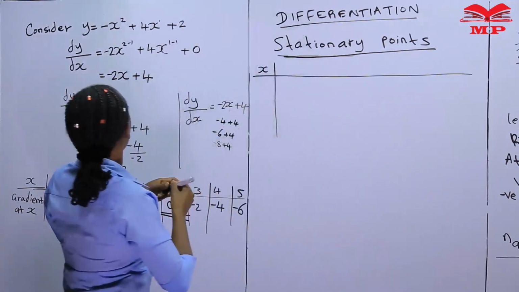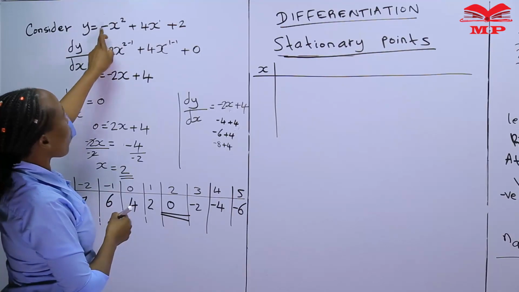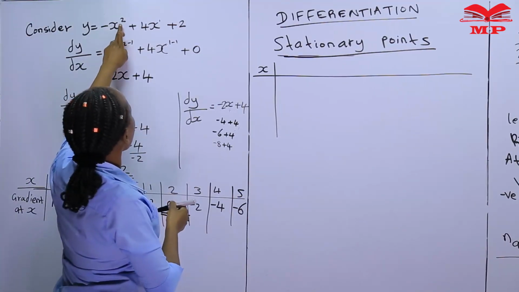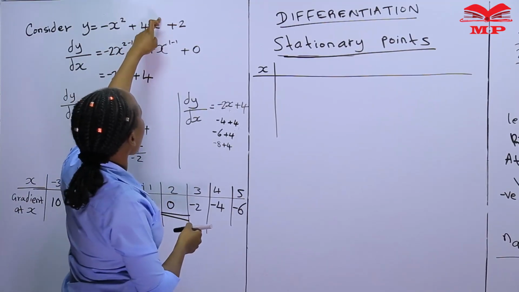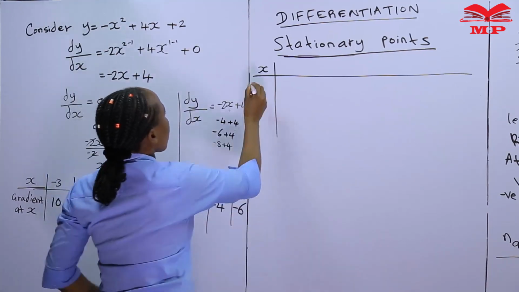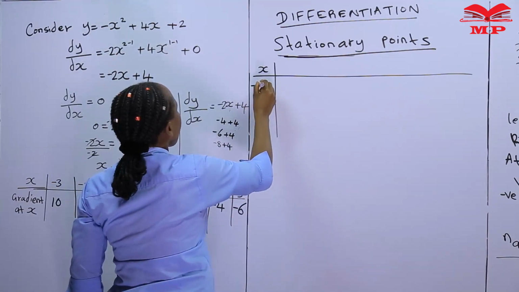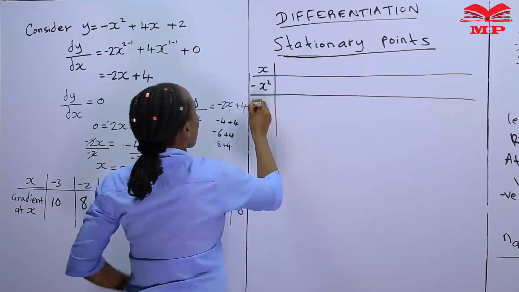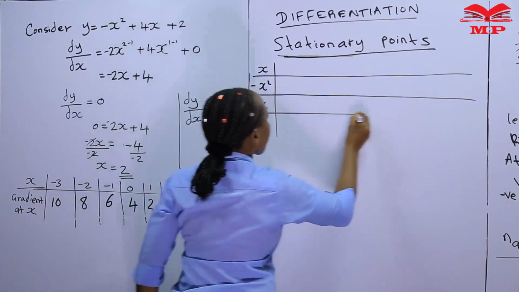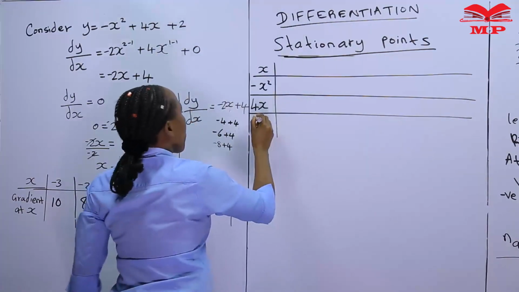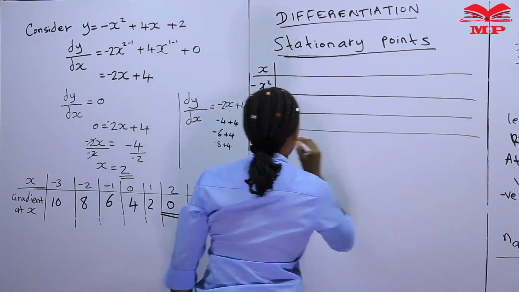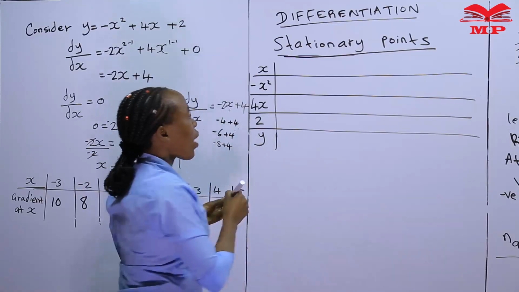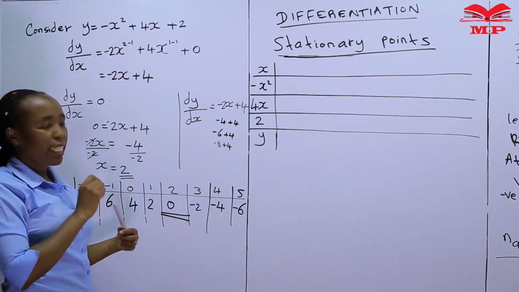Then this is the curve that we are plotting: y is equal to -x squared plus 4x plus 2. So we have here the values of -x squared, then the values of 4x, and finally we are adding 2 all through. Then we get the values of y, and then we'll be able to plot that curve.